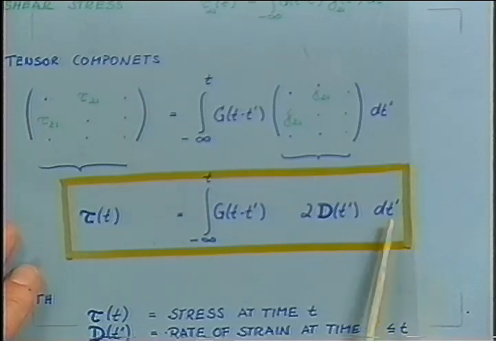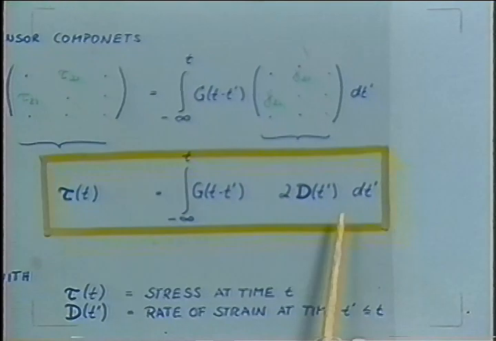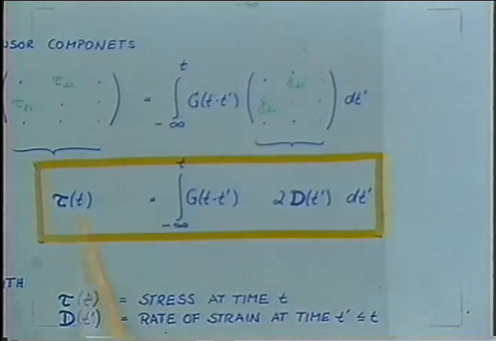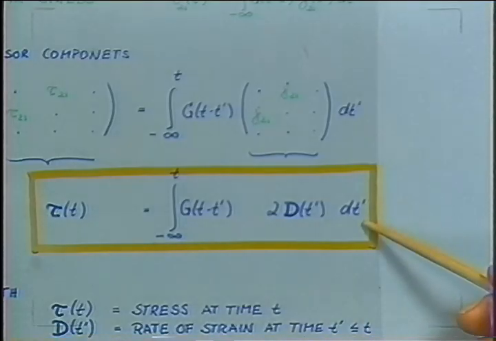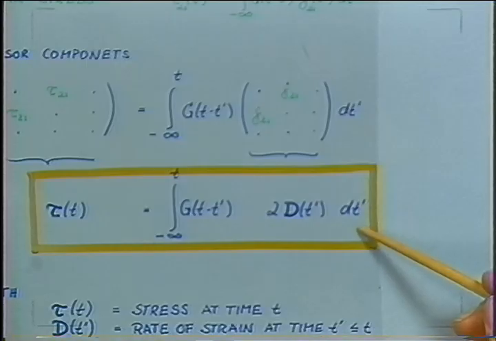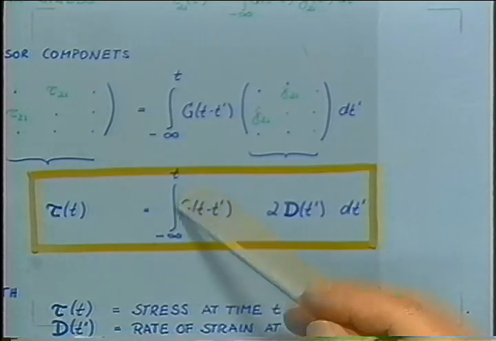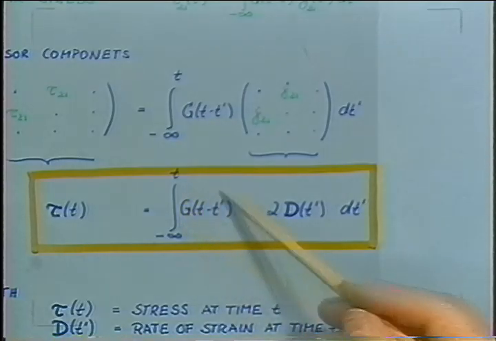And the equation in its most general form is given by the stress at time t, equal to the integral from minus infinity to the current time t over the relaxation modulus times 2 times the rate of strain times dt prime. And this is the Boltzmann equation which we are going to use to describe all kinds of phenomena in linear viscoelasticity.